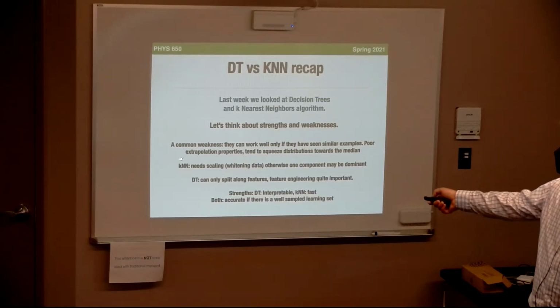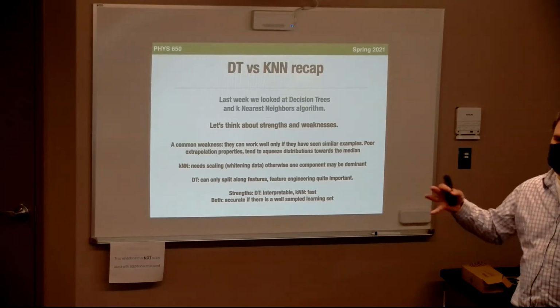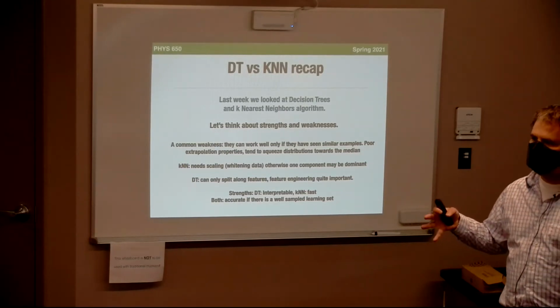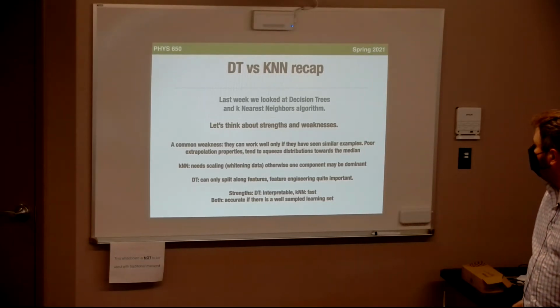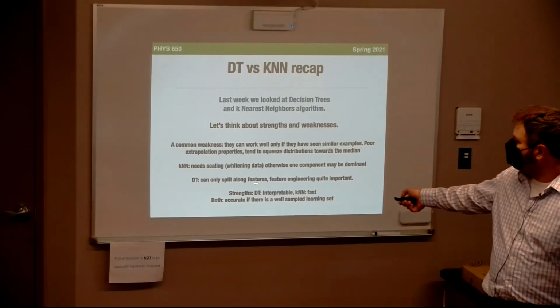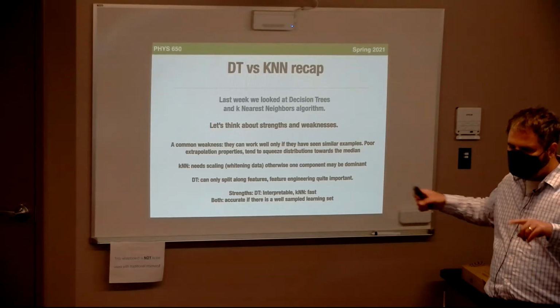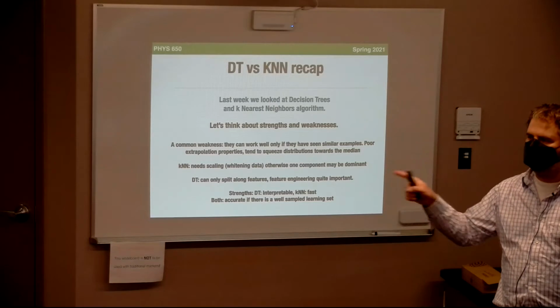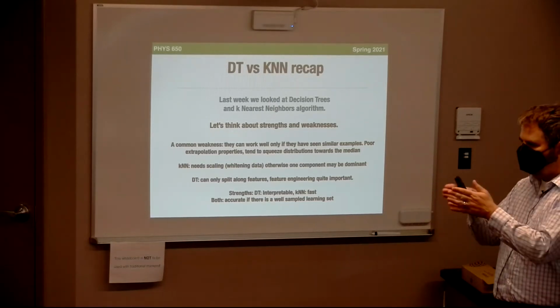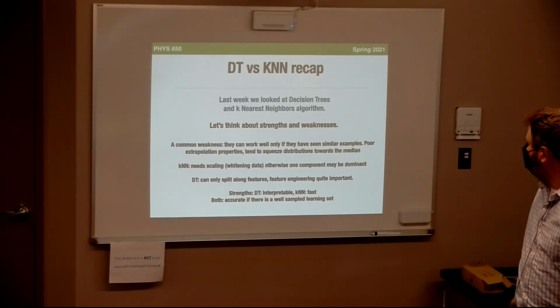For example, nearest neighbor needs to actually scale the data, the whitening of the data, right? So everything is normalized so that it trains in every direction equally. A decision tree can only split along features. Basically, you only have yes/no answers. You can only take the road less taken or the most taken, but there's nothing in between. There's just a split here and no gradients.